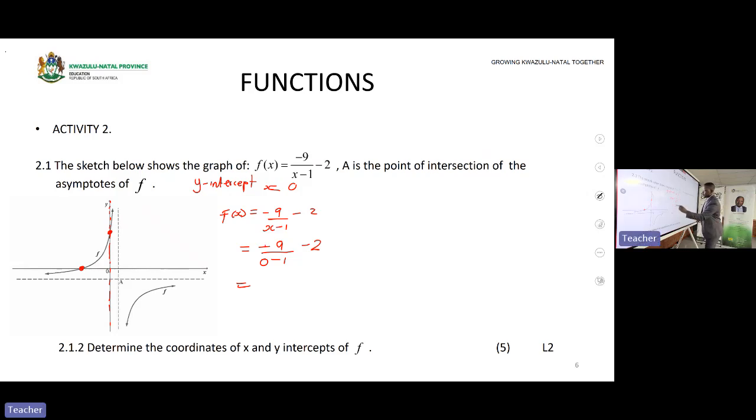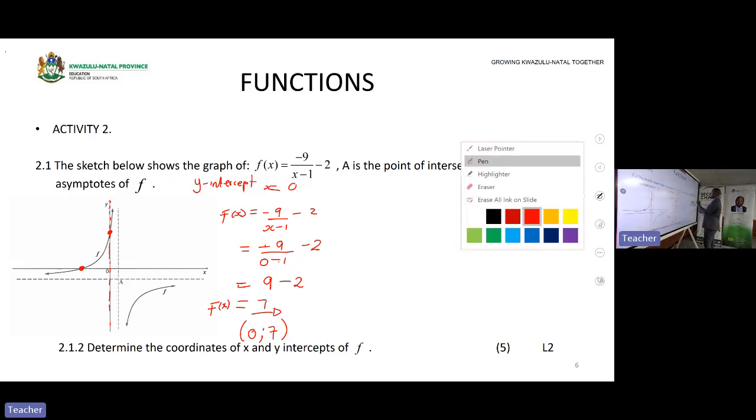Negative divided by negative will give us positive, so it's plus 9 minus 2, which gives us positive 7. So that will be your y-intercept. x will be 0, then y will be 7.